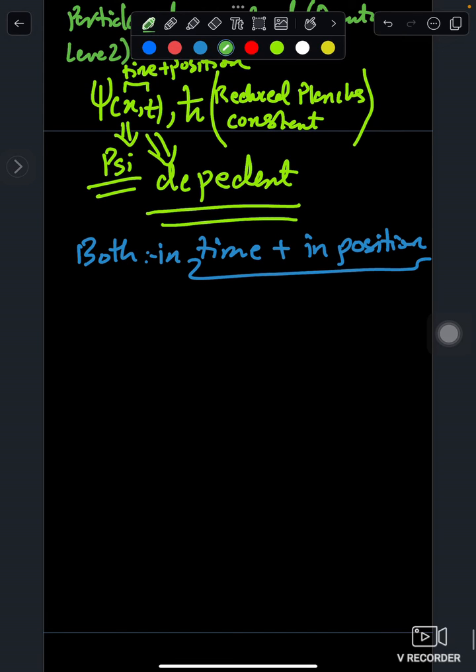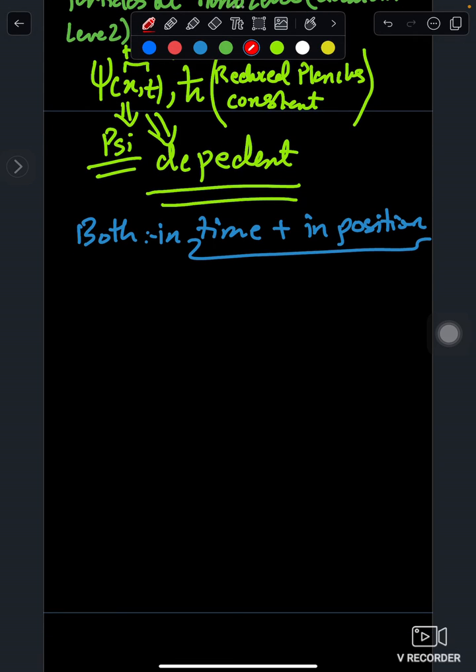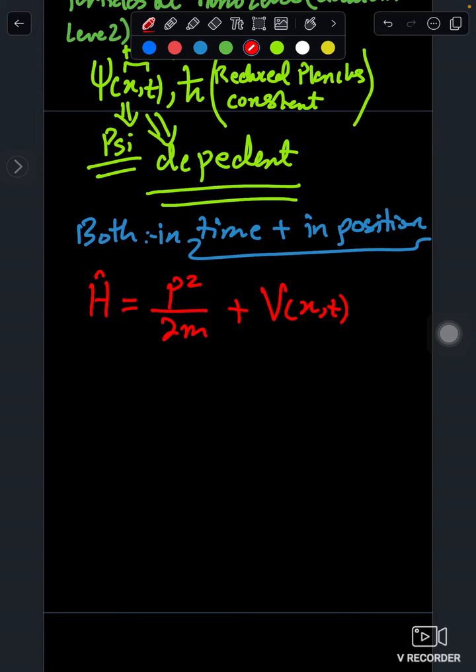And then to make a Schrödinger equation, we mostly use H. It's the simplest way to make the Schrödinger equation: H equals P squared over 2m plus V of x and t.